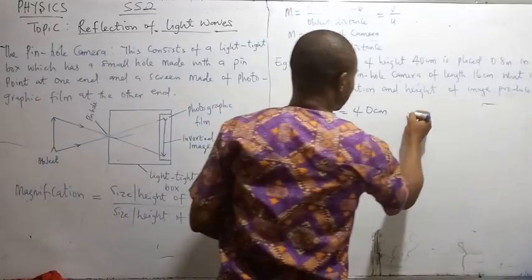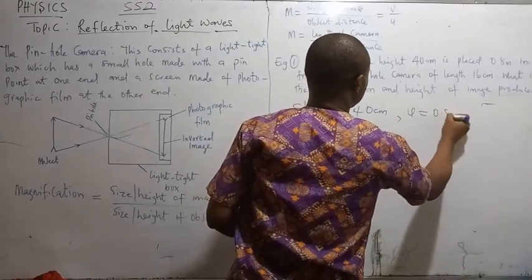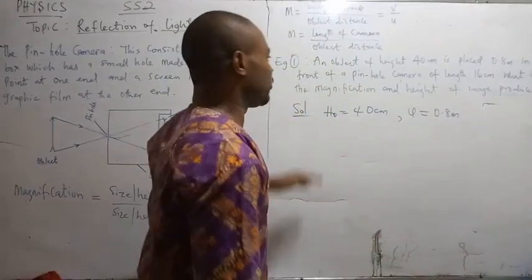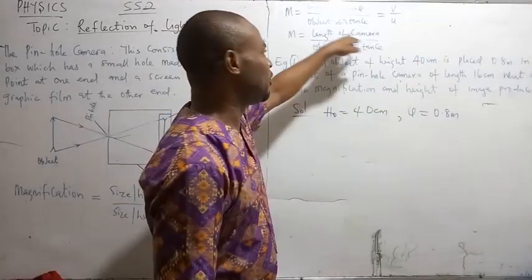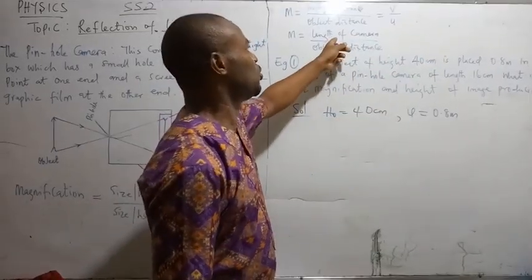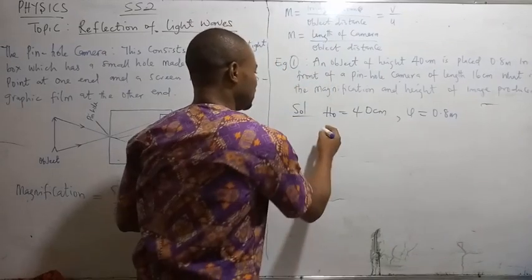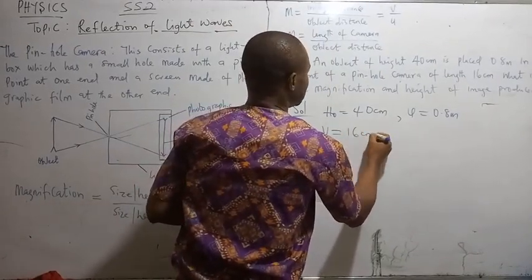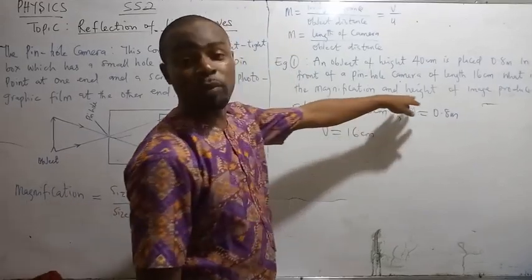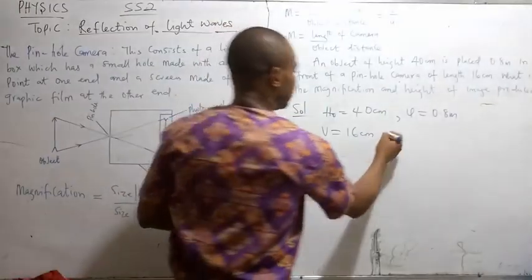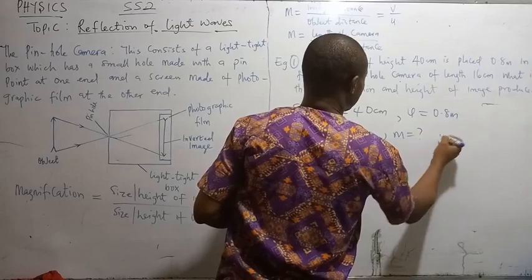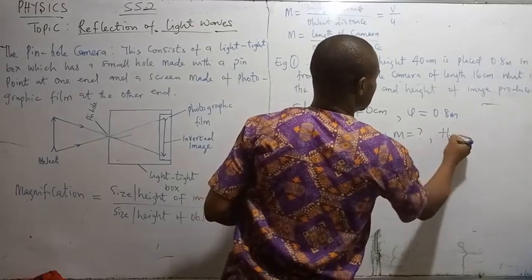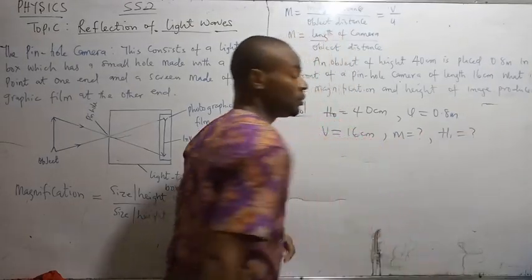So we have that U is equal to 0.8 meters. In front of a pinhole camera of length of the camera, I've said that is also equal to what? The image distance. So I can say that V is equal to 16 centimeters. Then we'll look at the other two parameters, which are the unknowns. The first one is M, the magnification, and the last one is HI, which is still unknown.